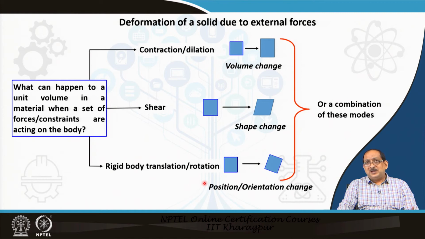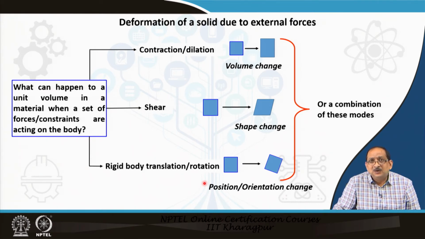One is contraction or dilation, so it can change in its volume. Other is due to shear, which leads to change in shape. It can also translate or rotate. That means the position and orientation can also change, but there is one possibility, that a combination of all these modes can also happen.